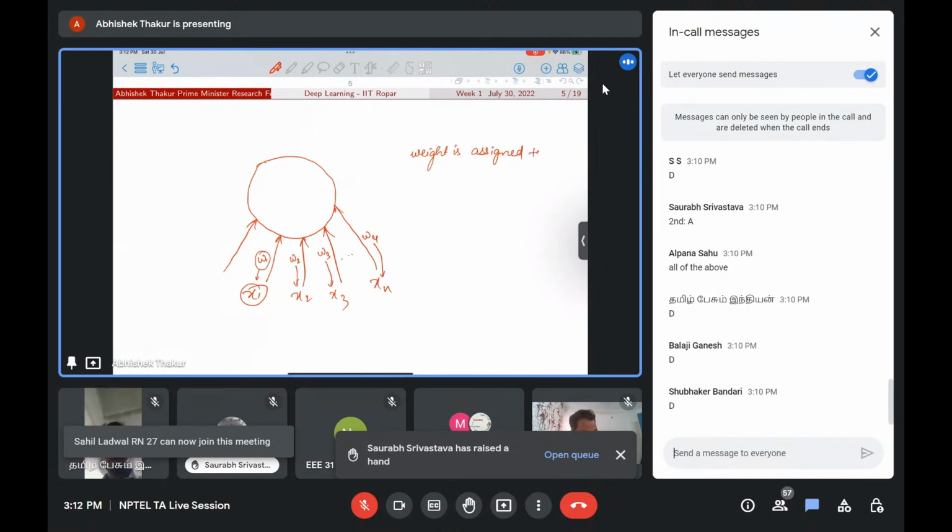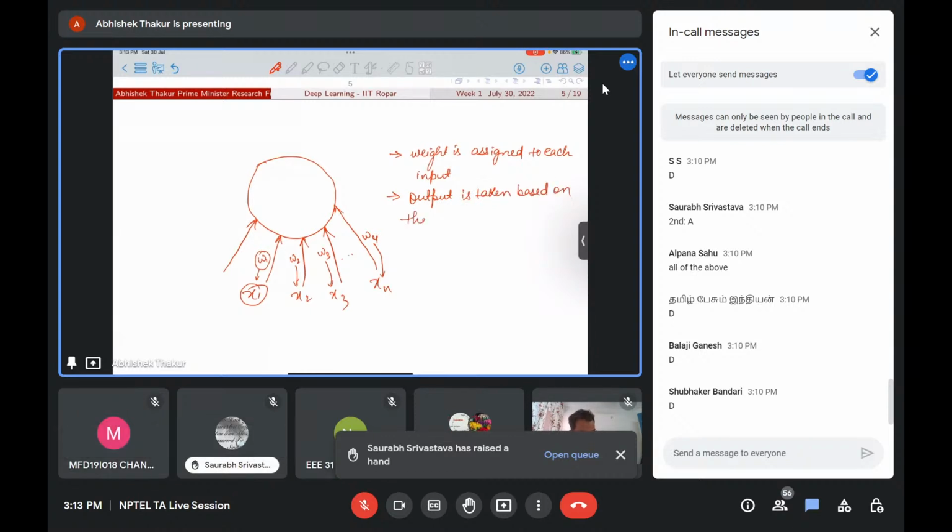Weight is assigned to each input. And what is the advantage of this weight? The output is taken based on the priority of the input.